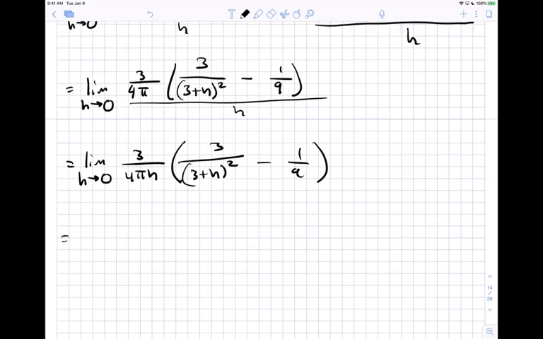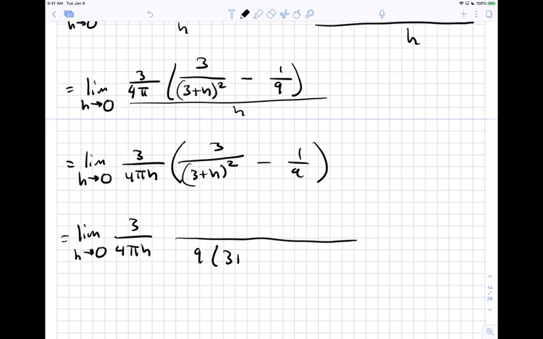It's going to be the limit as h tends to 0. We still have this 3 over 4 pi h. Common denominator here is going to be 9 times 3 plus h squared. So that means the one on the left, we multiply the top and bottom by 9, so that becomes a 27, minus the other, top and bottom by 3 plus h squared. So we're trying to get to a point where we can factor out. Let me expand the top.